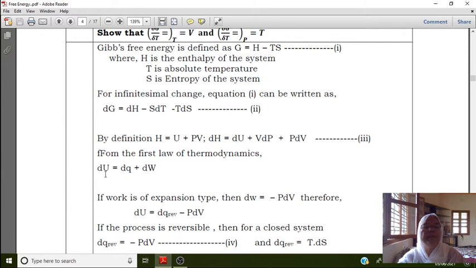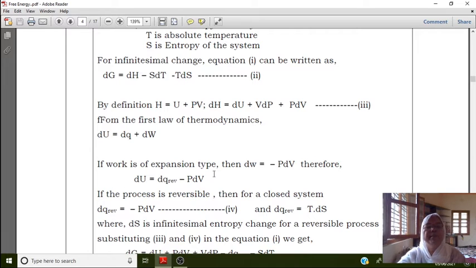From the first law of thermodynamics we have the infinitesimal internal energy change dU is equal to dQ plus dW. If the work of expansion occurs, then we can write dW is equal to minus P dV. Therefore, here dW we replace by minus P dV and we have the internal energy change equation as dQ minus P dV.